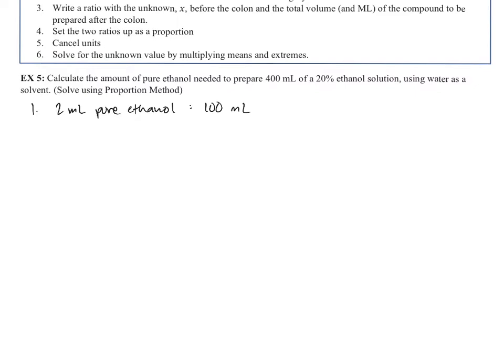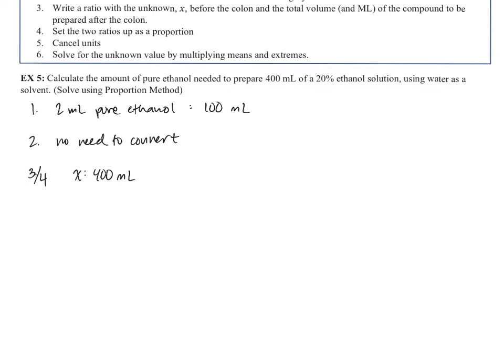So the second step, let's see, is this expressed in milliliters? Yes, it is, so we don't need to convert. We already have the milliliters. Third and fourth step, once again, I'm going to combine them. First, we're going to start out with the ratio that we know, which is X to 400 milliliters.